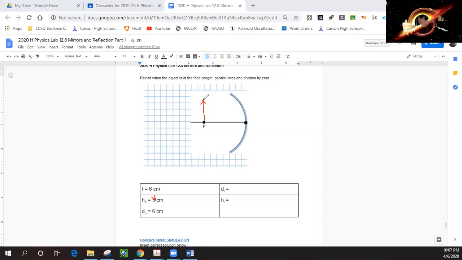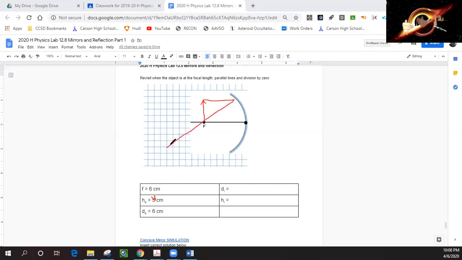Let's go ahead and do our ray diagram. The first ray comes through here, hits here, and goes through the focal point.